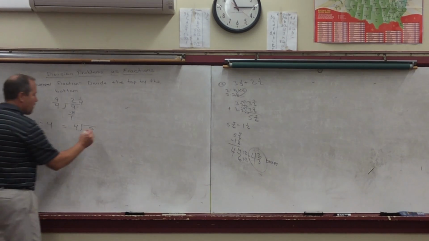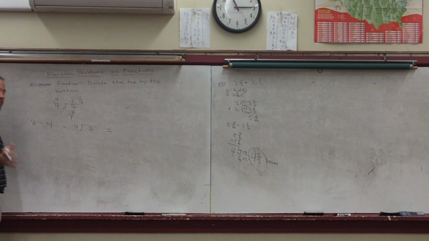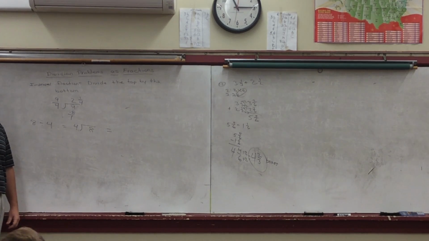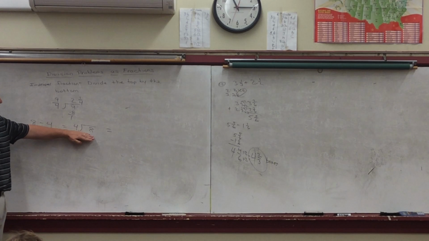Now, if we go in reverse with the improper fractions, we say we divide the top by the bottom. So in this problem here, what's getting divided? The 8. It's getting divided by the 4.